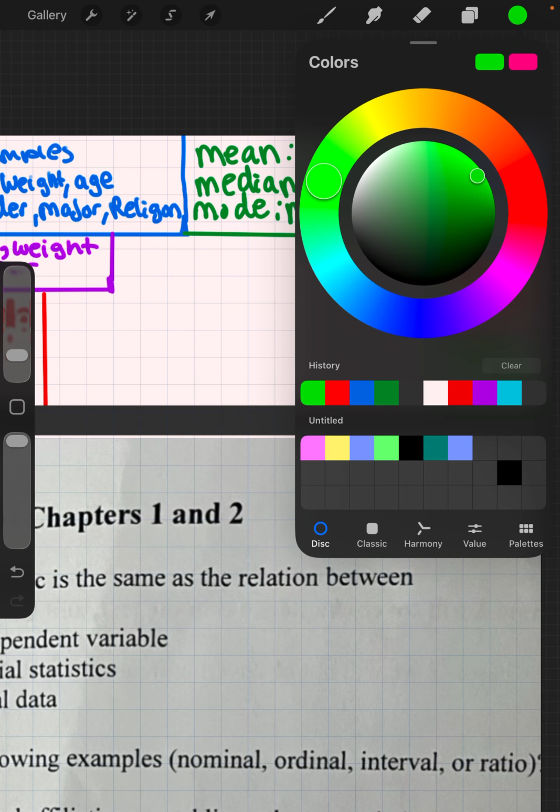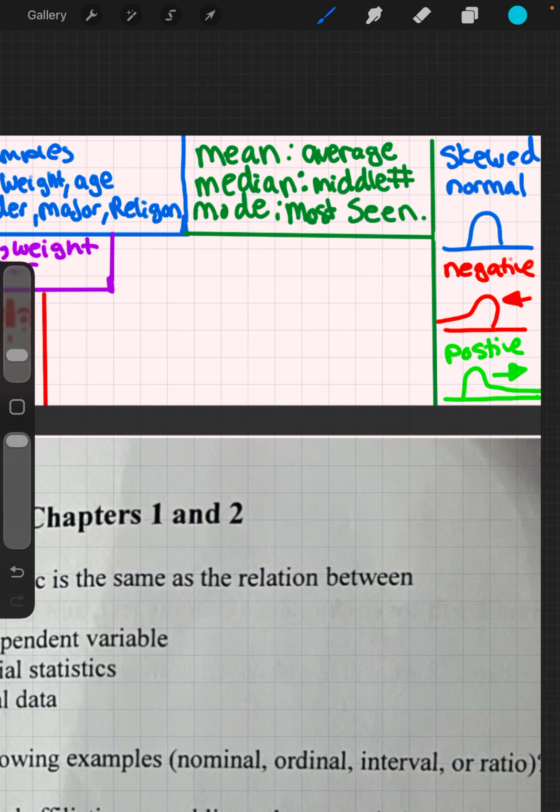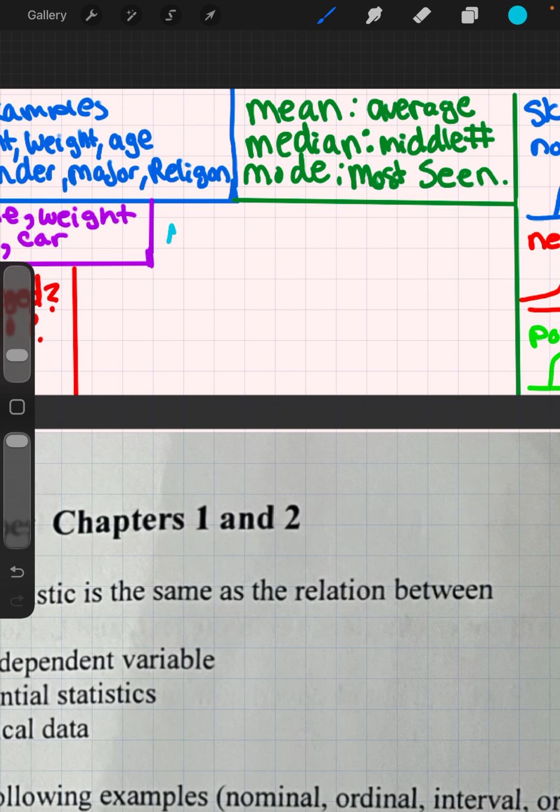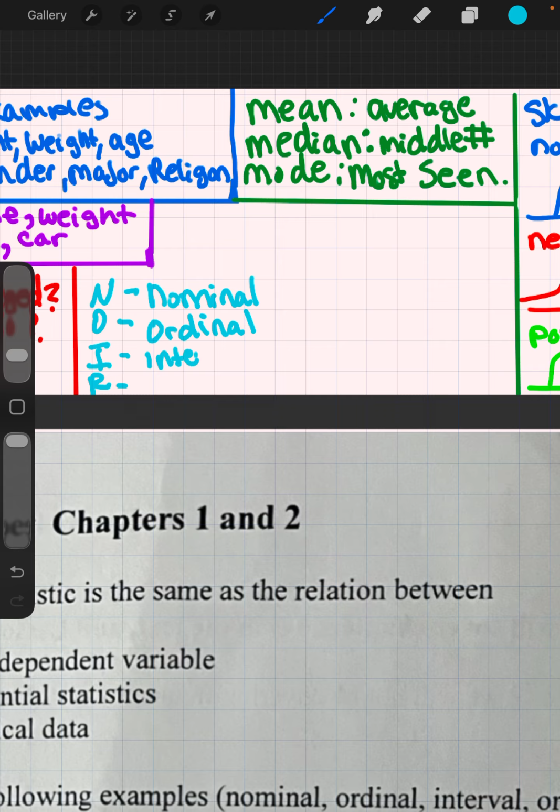Next up, I have nominal, ordinal, interval, and ratio.